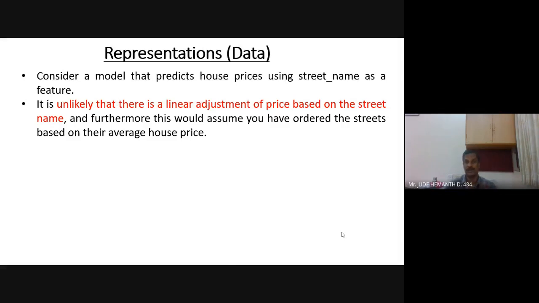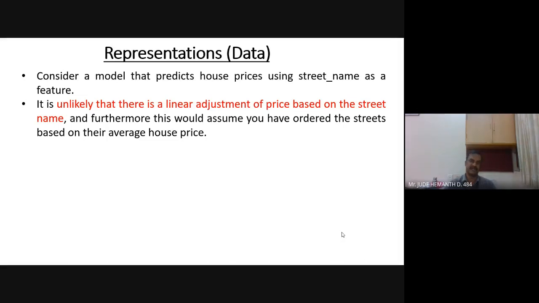What will a human being do? When you check the house price, if 4 streets are given, you must know the prices of all the 4 streets. Then you can come to a conclusion that Sirvani Road is going to give you a higher or a lower price. What I'm trying to say is the representation should include the data of all your categorical variables.